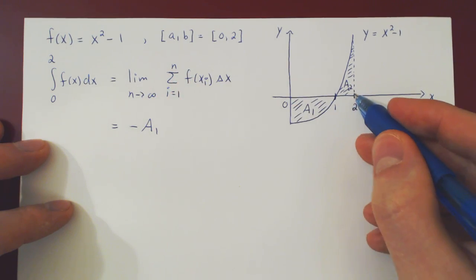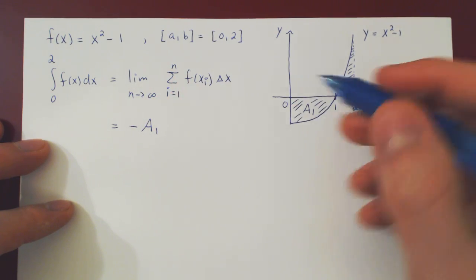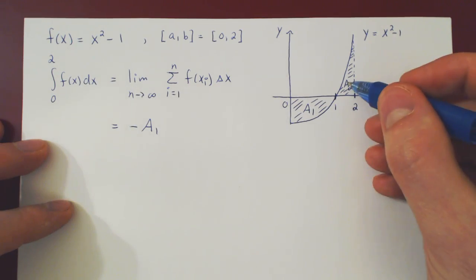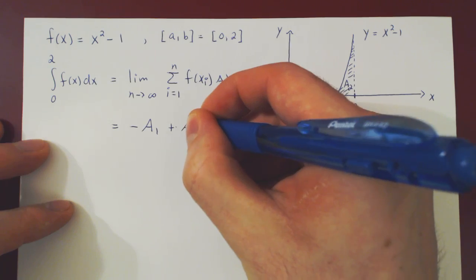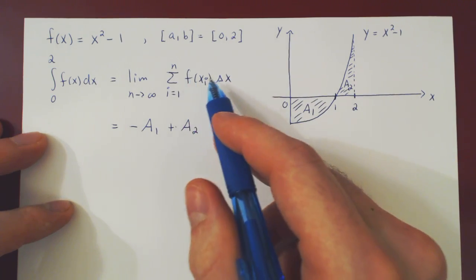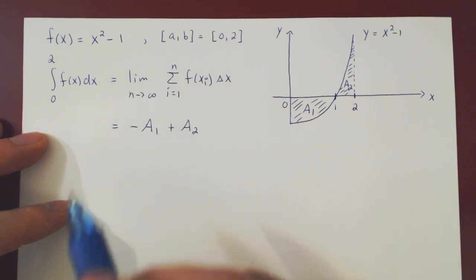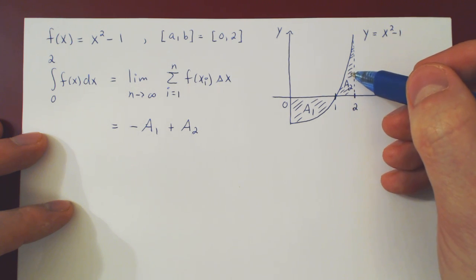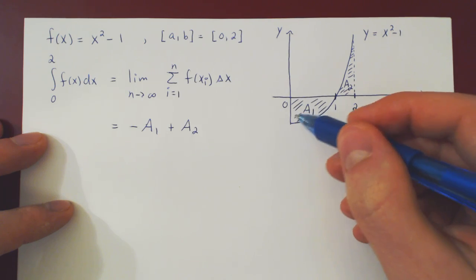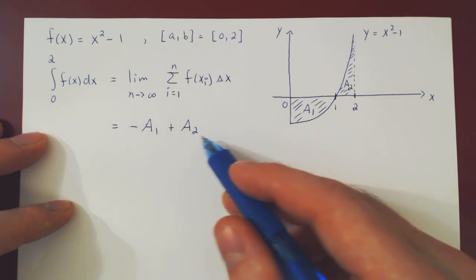But as from 1 to 2 the function is positive, the integral will return the positive of the area of this region, so positive A2. So once we crunch out this Riemann sum and the limit, the end result geometrically will represent the difference in area from this region and this one, A2 minus A1.